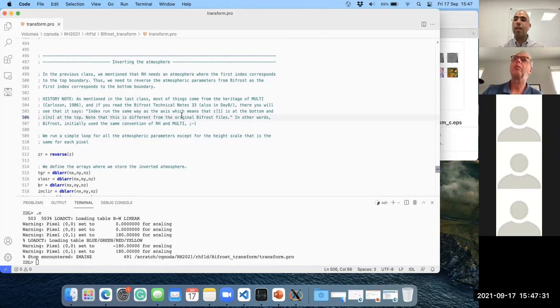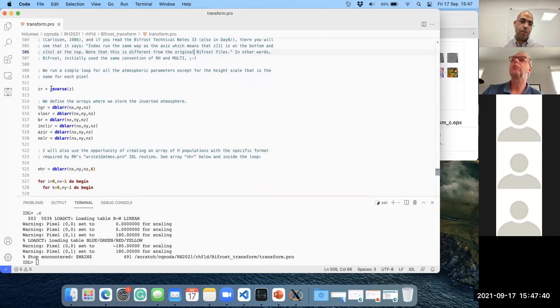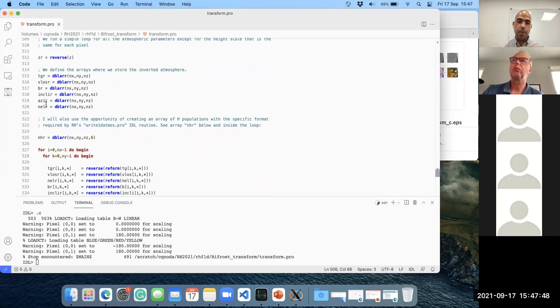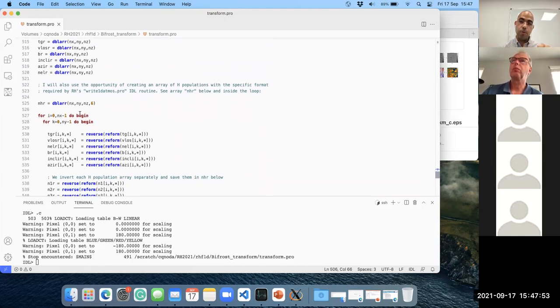Okay, so in our case, with this simulation run, let's reverse the axis to have everything as RH needs. In the case of the geometrical height, we just do it with this IDL sentence. And in the case of the rest of the atmospheric parameters, we are going to do it pixel by pixel. The only thing is, I will use the opportunity to create an array of hydrogen populations with the same format that we are going to use later with the RHMD IDL routine for providing the atmosphere to RH.